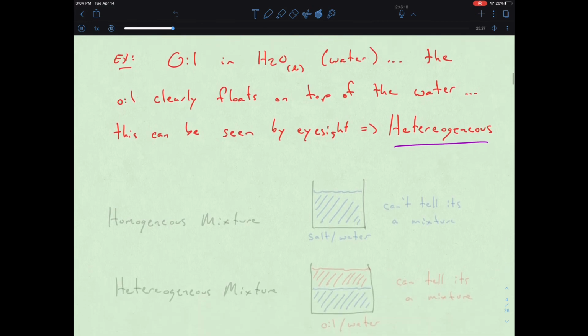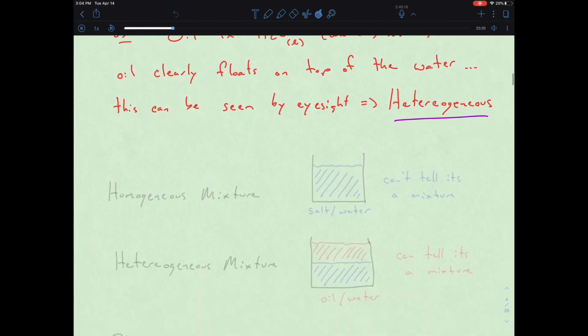So basically, our homogeneous mixture will look something like this.